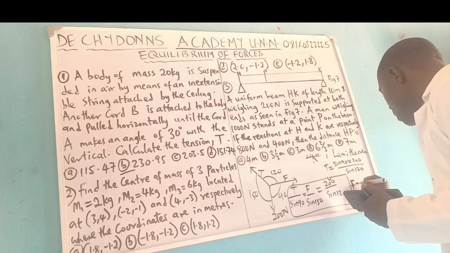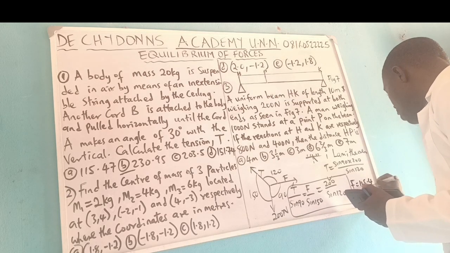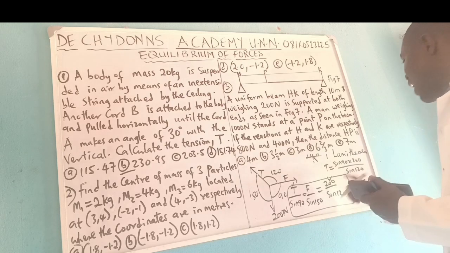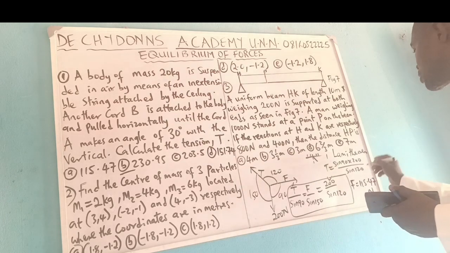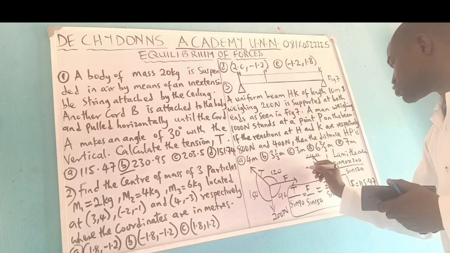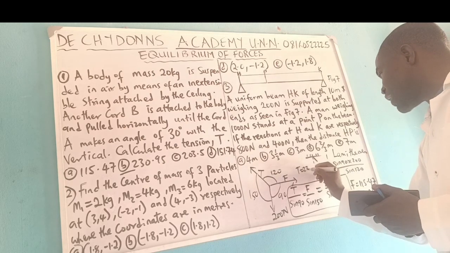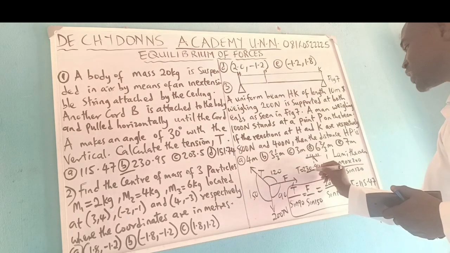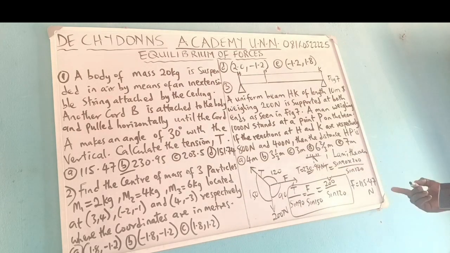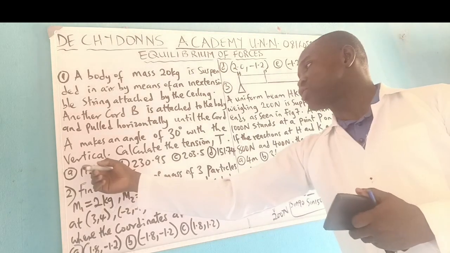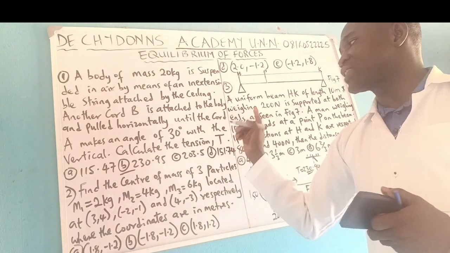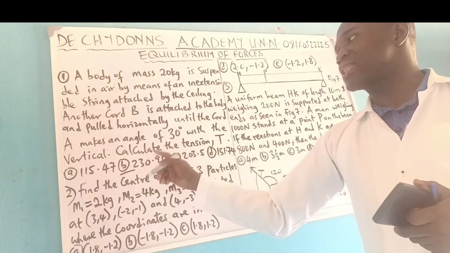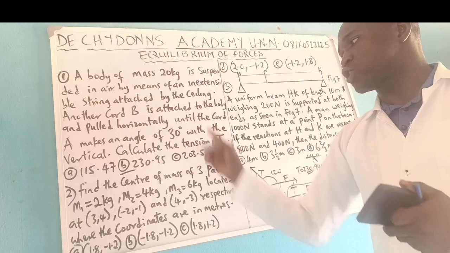So F will be equal to 115.47 Newton, and T will be equal to 230.94 Newton. But you see, they gave you all those options here, but they are looking for tension. You say that tension is 230.94, so to speak. Okay?